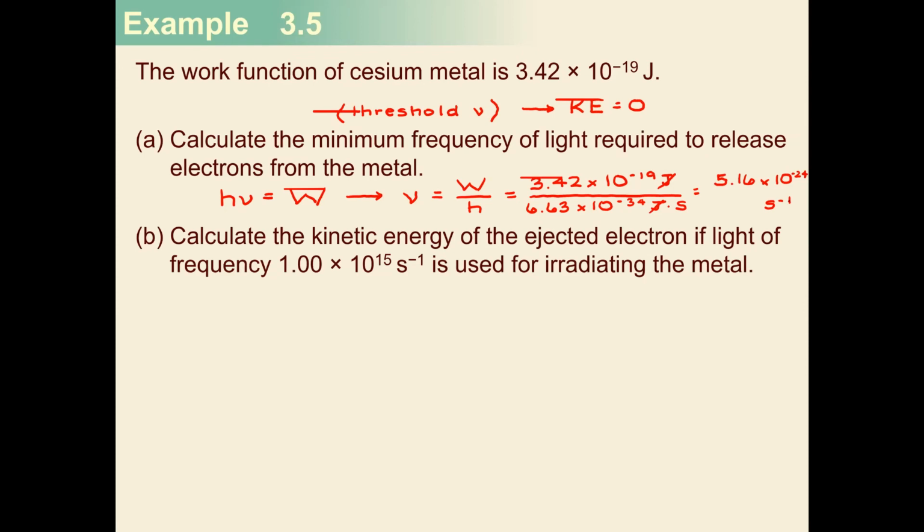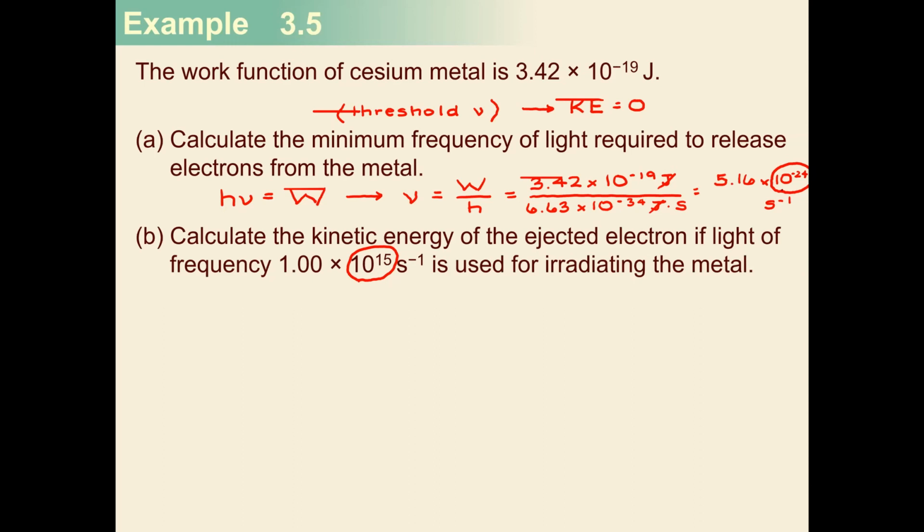So let's calculate the kinetic energy of an ejected electron if light of frequency 1.00 times 10 to the 15th seconds to the minus 1 is used for irradiating the metal. So notice that our 10 to the 15th is larger than our 10 to the 24th seen here. So what can we do?